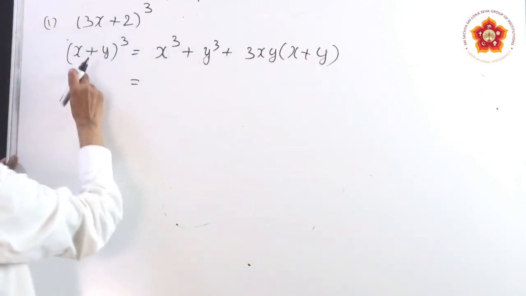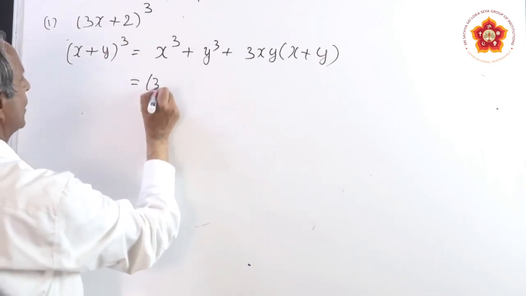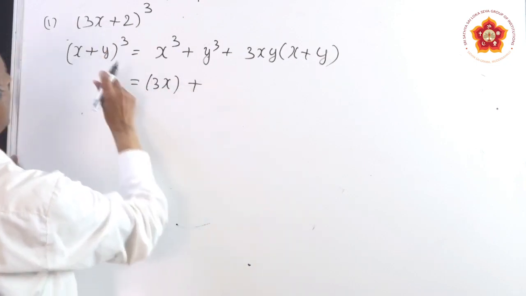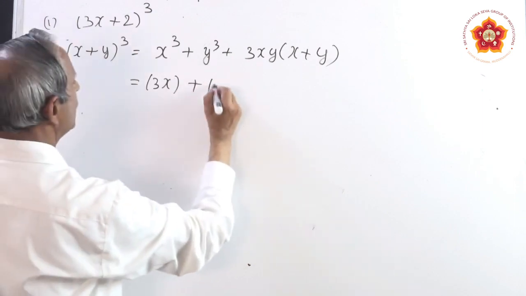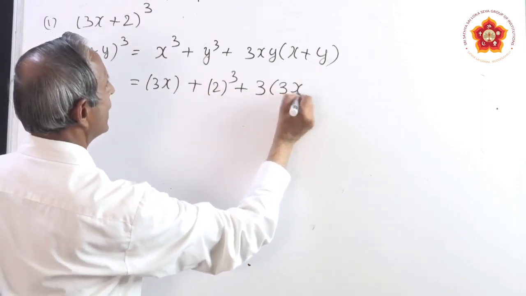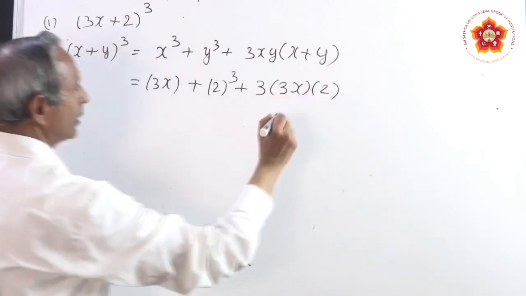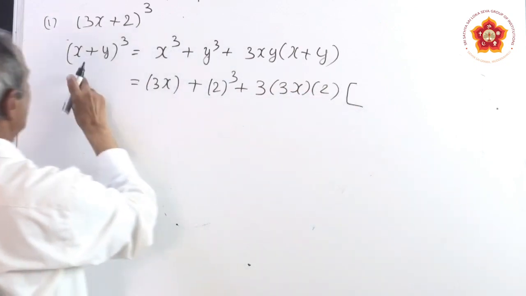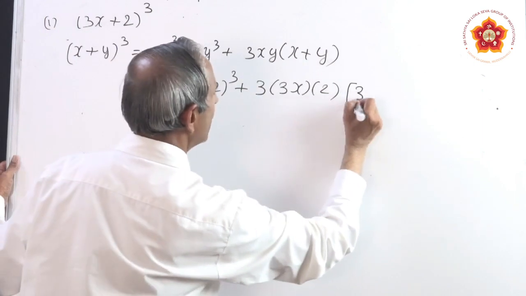Now instead of x here, 3x is there, substitute 3x here. Instead of y, 2 is there, write 2 here, plus 3 into 3x into 2. Then x plus y is there, instead of x here, 3x plus 2 you have to write.